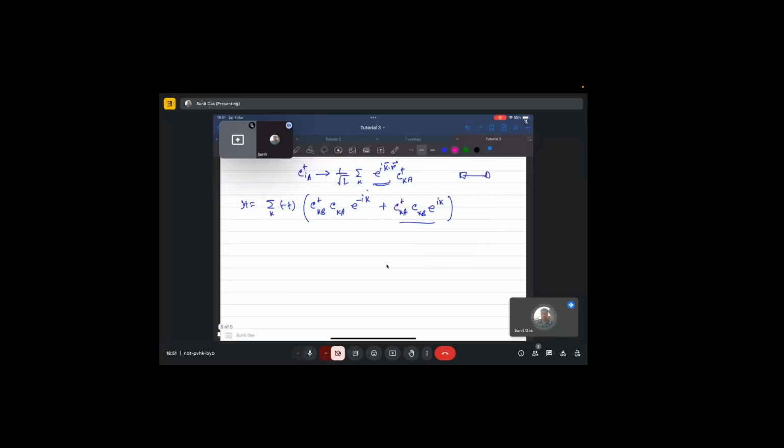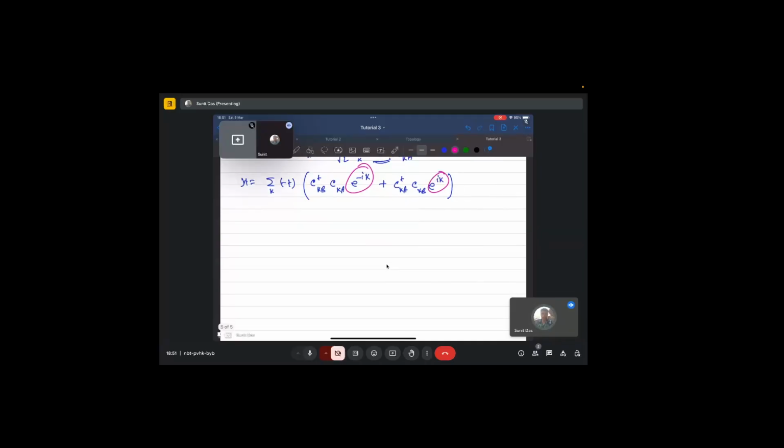So let me highlight, this is one important thing that will distinguish from the previous case. If you write the Hamiltonian, it is essentially equivalent to the sum over k of minus t, c_kA dagger, c_kB dagger, and then a 2 by 2 matrix.